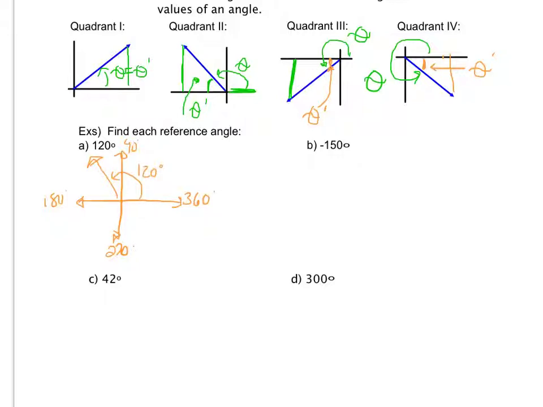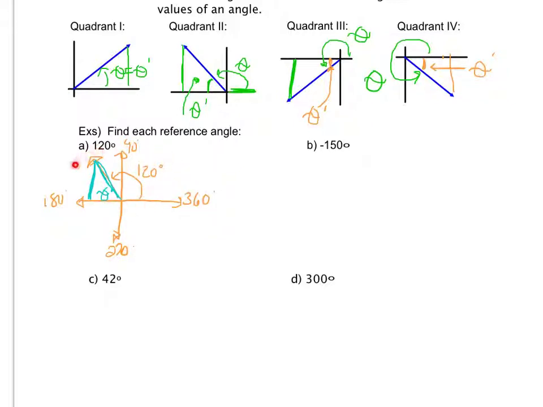Okay. Well, notice at 120 we're running into that issue that it cannot make an acute angle. But notice that here, if I use my terminal side, I can make an acute angle with the x-axis here. Let's call that theta prime. Well, how am I going to figure out what my reference angle is? Well, look at what I know.